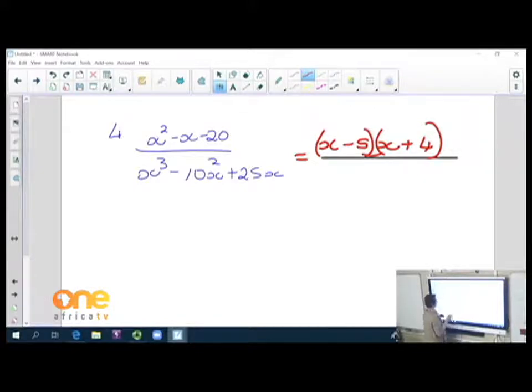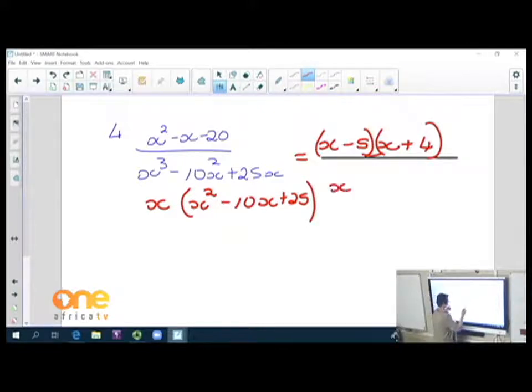Look at this one. It's not a trinomial. Look there, this is x to the power of 3. So I will first take out the highest common factor here, x, and then I have x squared minus 10x plus 25. Now it's a trinomial. Now I can factorize it further here.